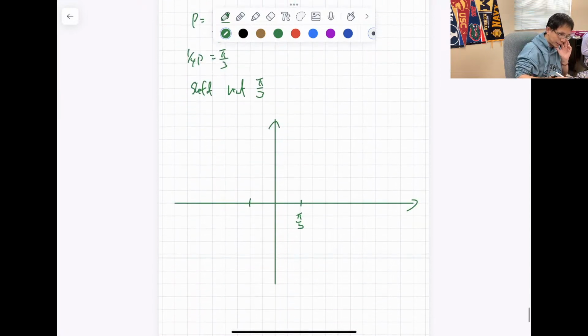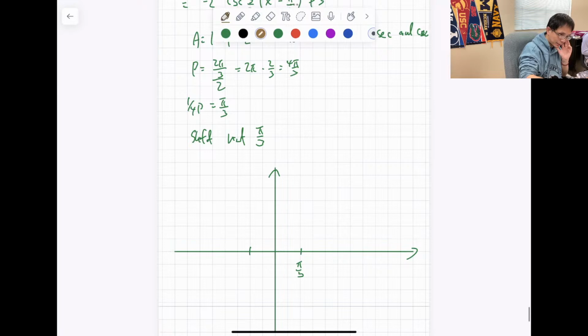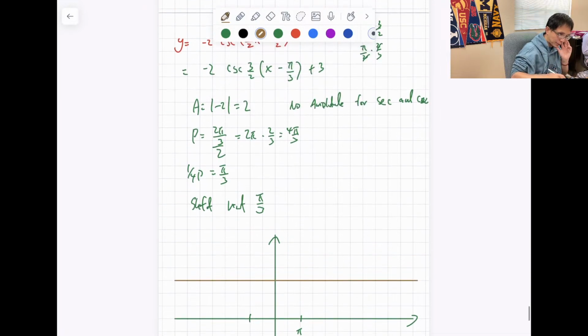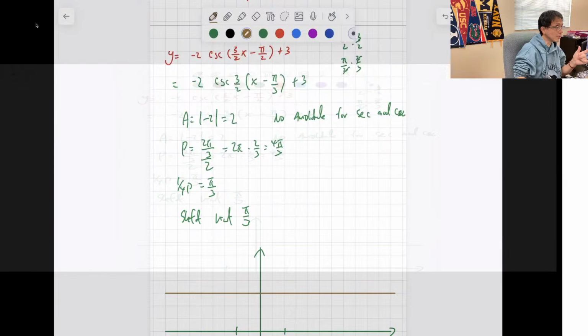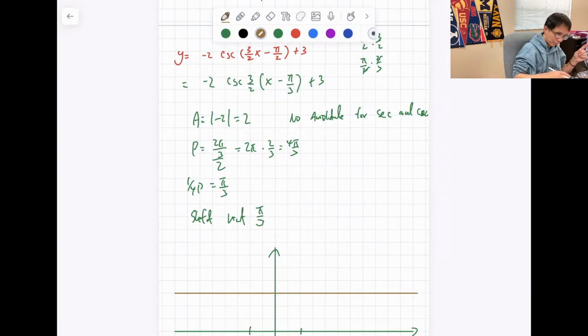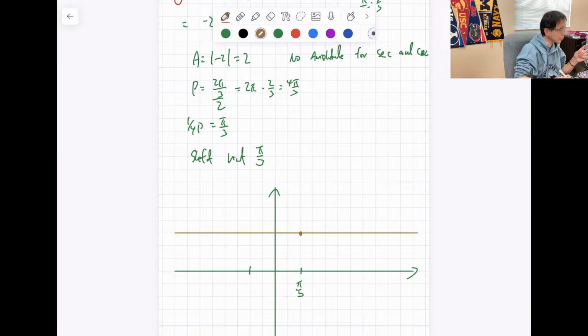The midline is 3, so I'm going to draw a midline here. Technically, the cosecant graph is related to which graph? Sine. Sine starts at the midline going up or down. The midline is right here, so it starts right here. I feel like sine and cosine are easier to graph than secant and cosecant, because for cosecant and secant you have to know it's at the peak or trough.